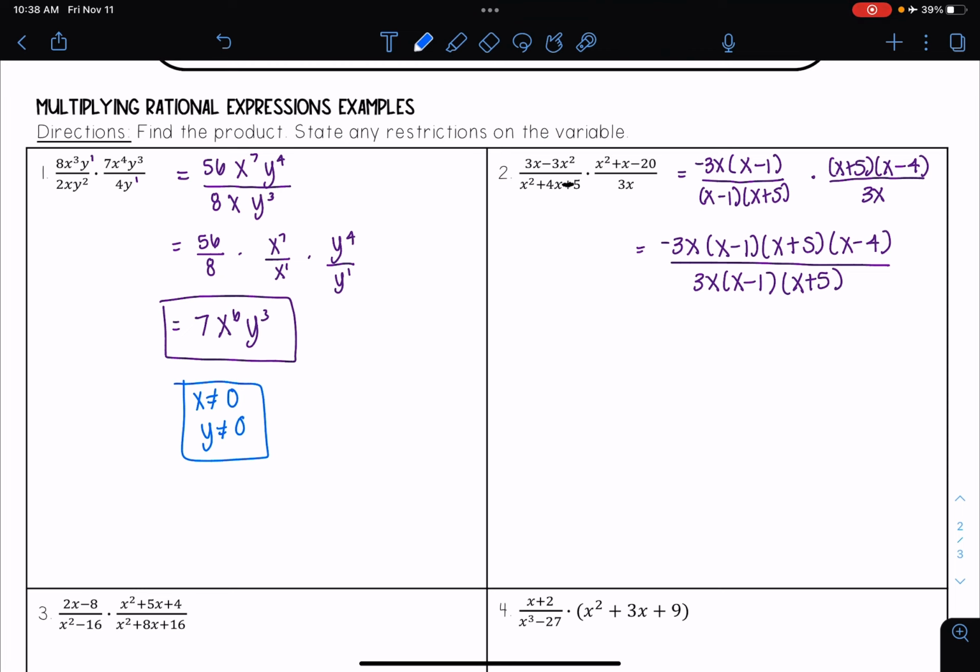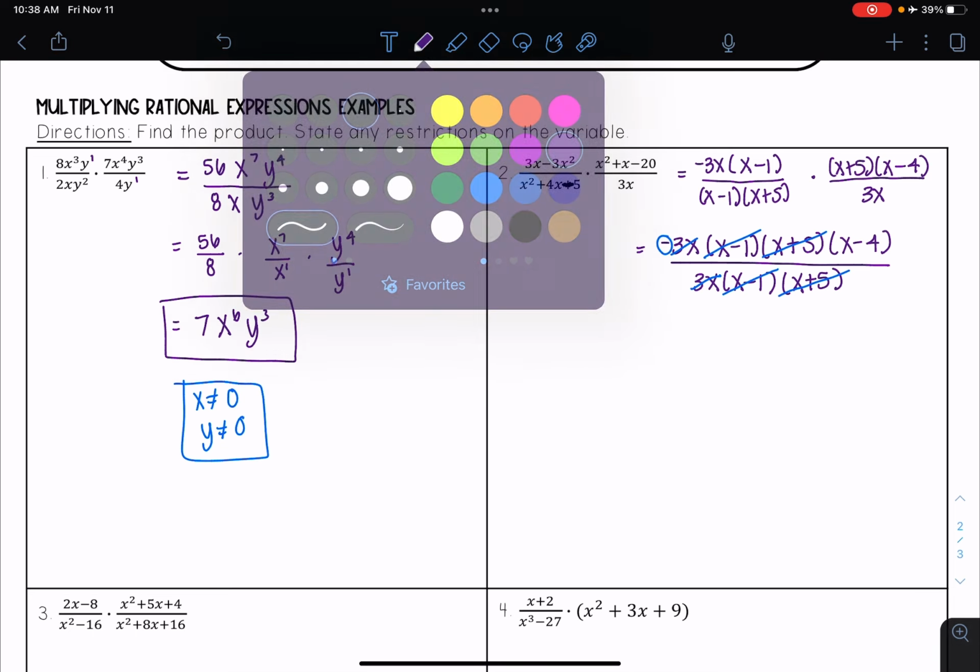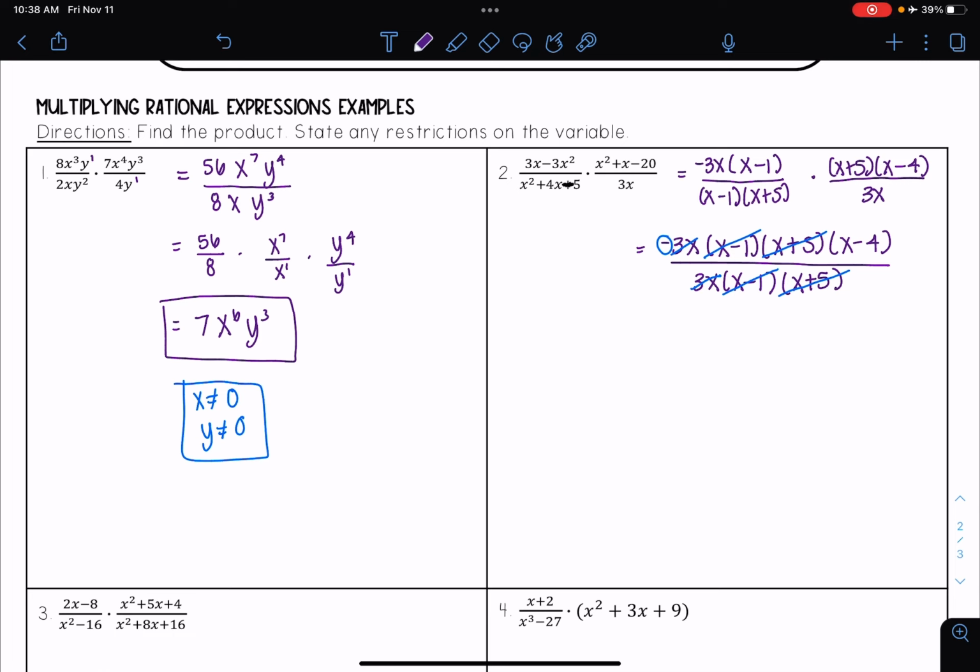I see I have a 3x on top and bottom. But remember, this negative is still up here, so I still have a negative 1 on top. The 3x's cancel. I have x minus 1 that's in common and x plus 5. That means all that's left is this negative x minus 4 on top. If I distribute that negative, this becomes negative x plus 4.